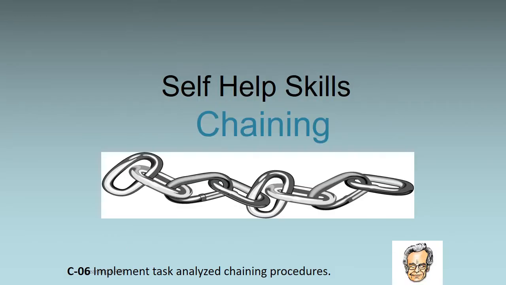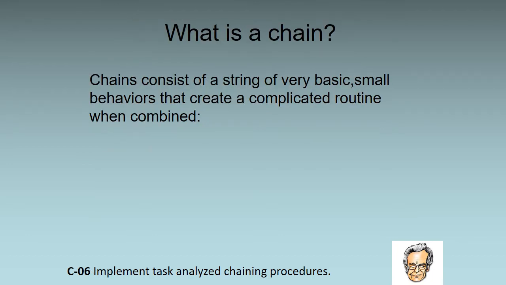In this presentation, we're going to talk about self-help skills and chaining. What is a chain? A chain consists of a string of very basic small behaviors that when added together create a complicated routine when combined.